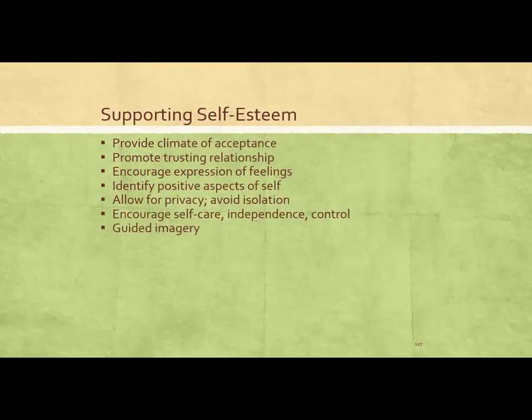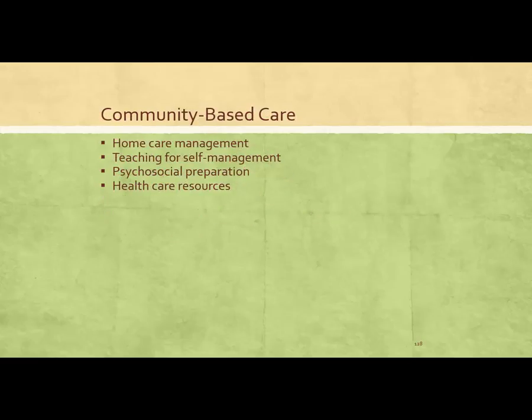The following slide talks about self-esteem and things that we can do to help our patients gain some self-esteem, because again, that will probably be a huge issue because of the stigma that having HIV and AIDS can carry with a person.